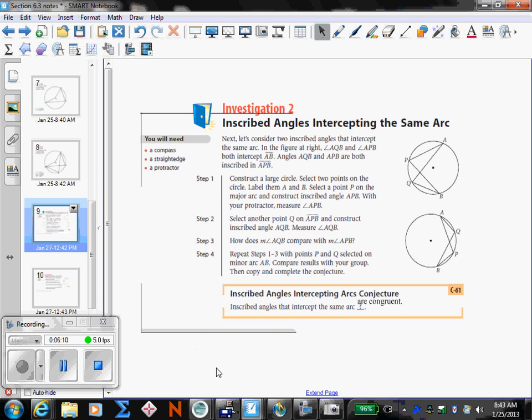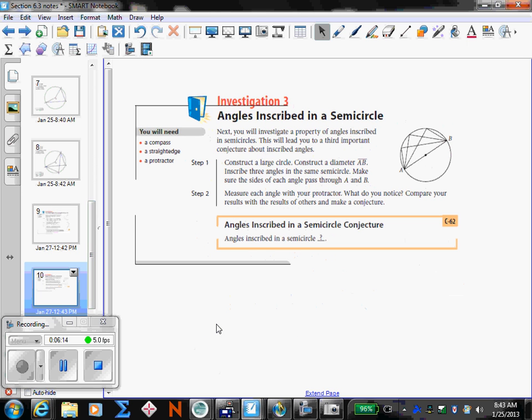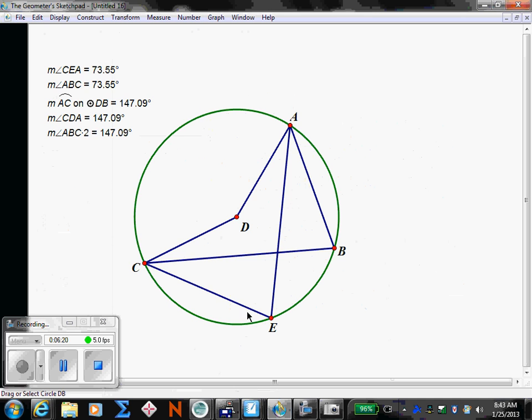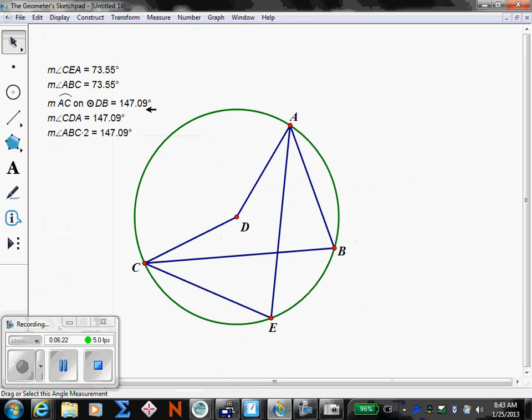Okay, so let's go on to the next one. Angles inscribed in a semicircle. So let's go back to Sketchpad and see what happens if we make a semicircle.